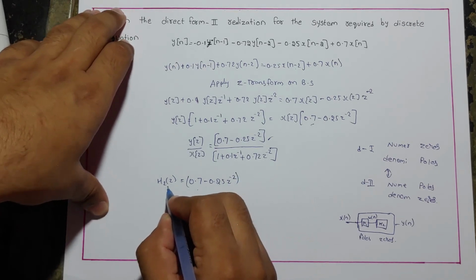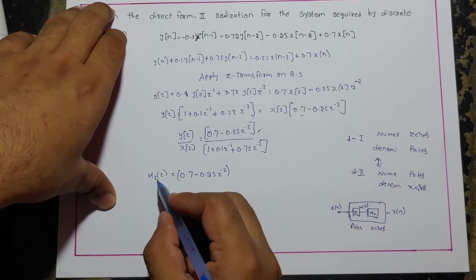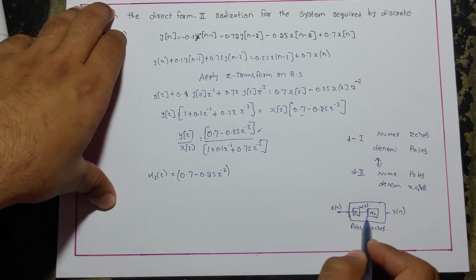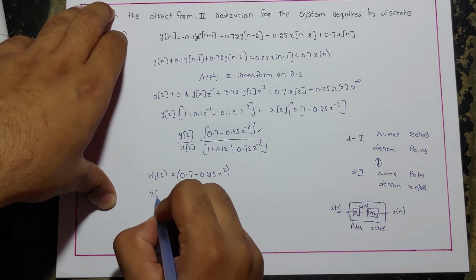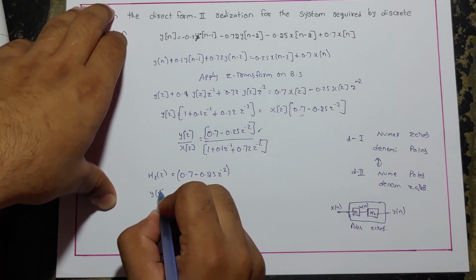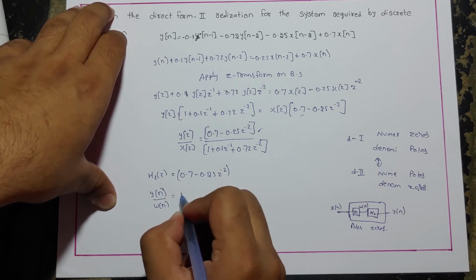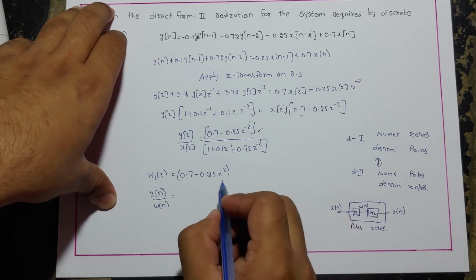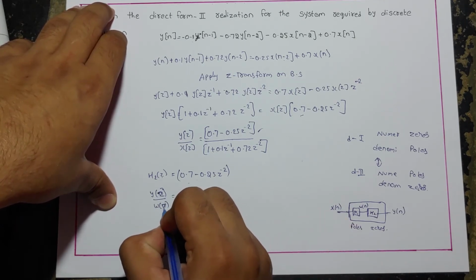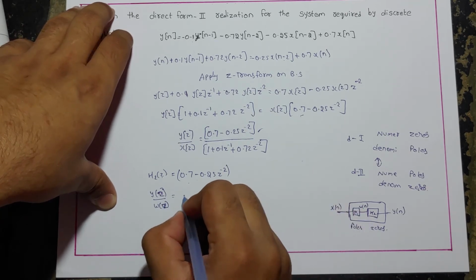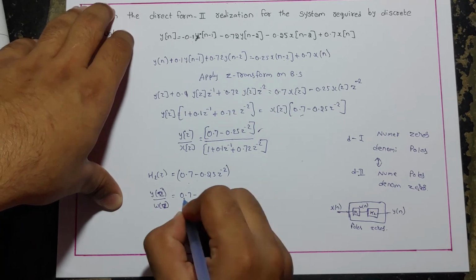As output by input is the transfer function, for h2 of z the output is y of n and the input is w of n. That is y of n by w of n is equal to, as these are in terms of z transform, let us consider y of z by w of z, which is 0.7 minus 0.25 times z power minus 2.